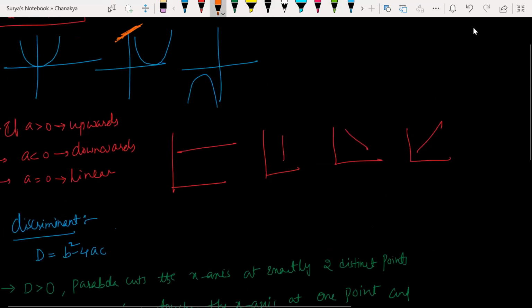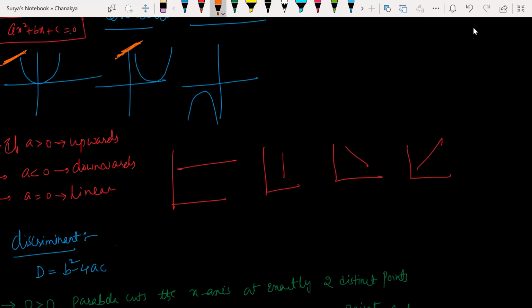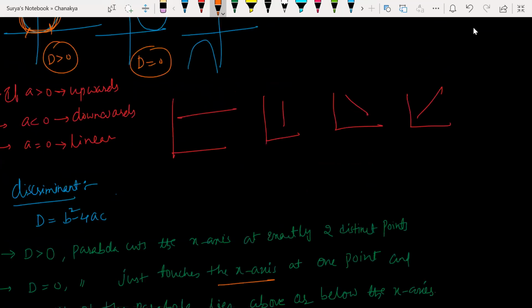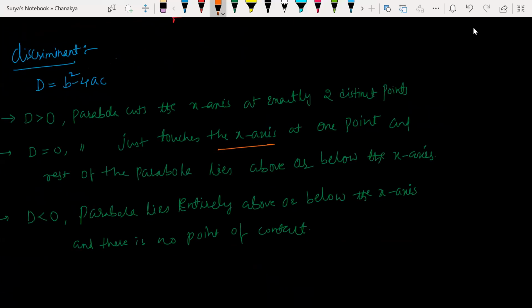Sorry, if D is greater than 0, the diagram will be like this. It cuts two distinct points. One point is here, one point will be here. If D is equal to 0, it just touches the x-axis. If D is less than 0, the parabola is entirely above or below the x-axis, and there is no point of contact.